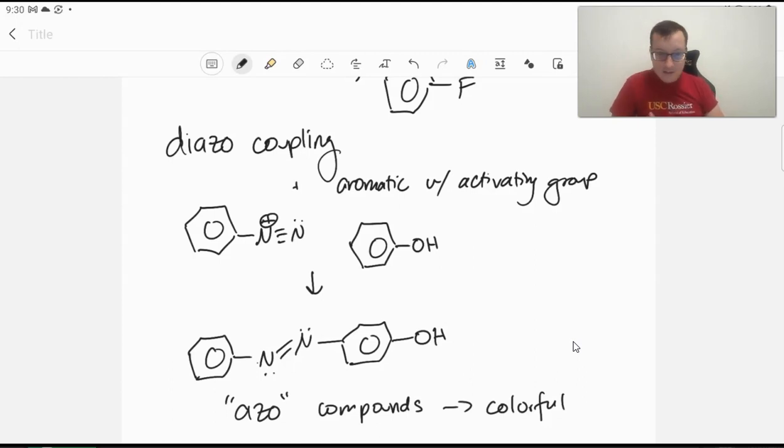Synthetically, it's kind of hard to use them otherwise, but they're a product in and of themselves. So you can use the azo compounds for dyeing your shirts red, as is the case today for me. So, fun stuff we can do with them.